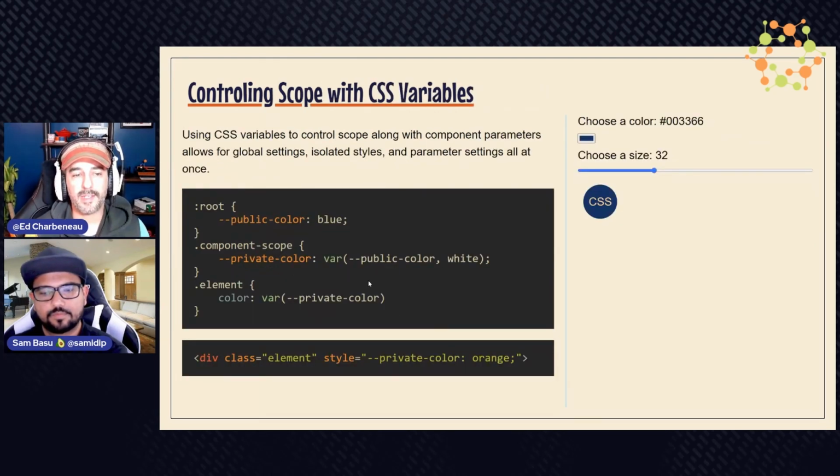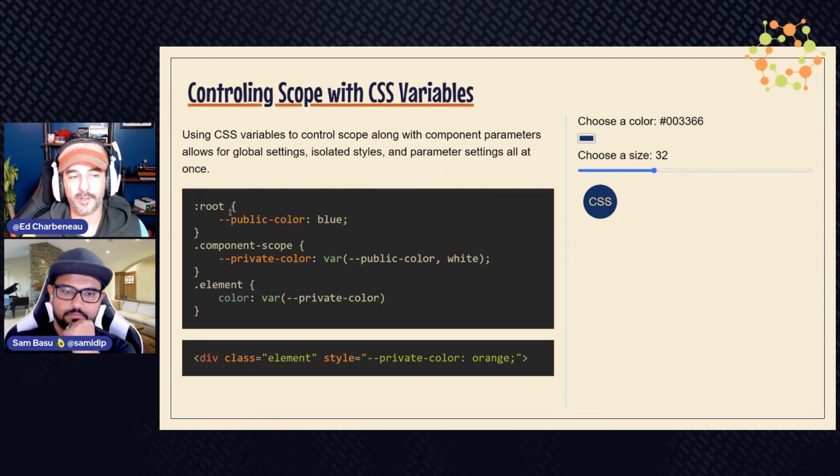And then we just talked about the custom properties. That's kind of a global way to control your styling. And then through parameters is kind of more of a strict way to control your styling. If you combine those two things together and you utilize the CSS variables with their default value, you can get away with some really interesting stuff here.